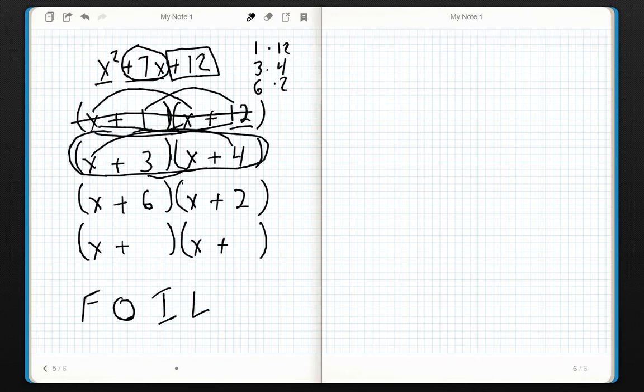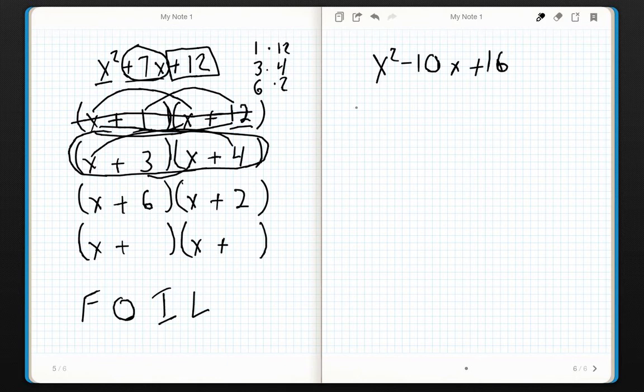Now again, that one was fairly straightforward. But let's look at another one with a little difference. Let's say we have x squared minus 10x plus 16. Again, I would set this up as a series of parentheses because I want to take a systematic approach.